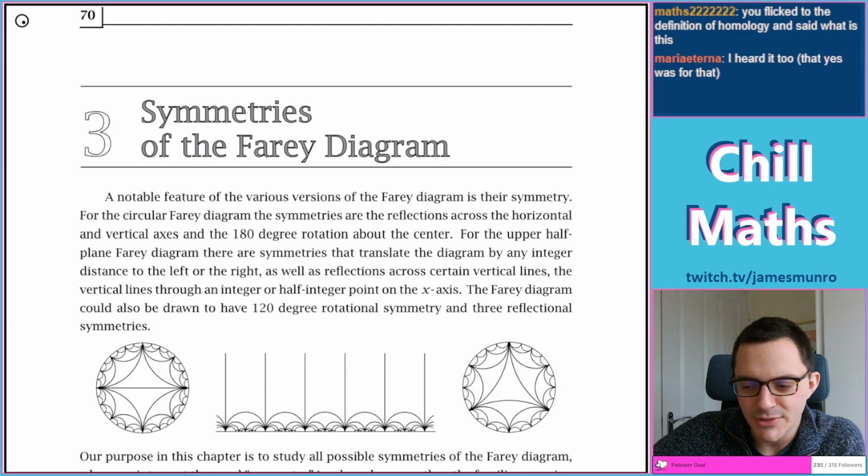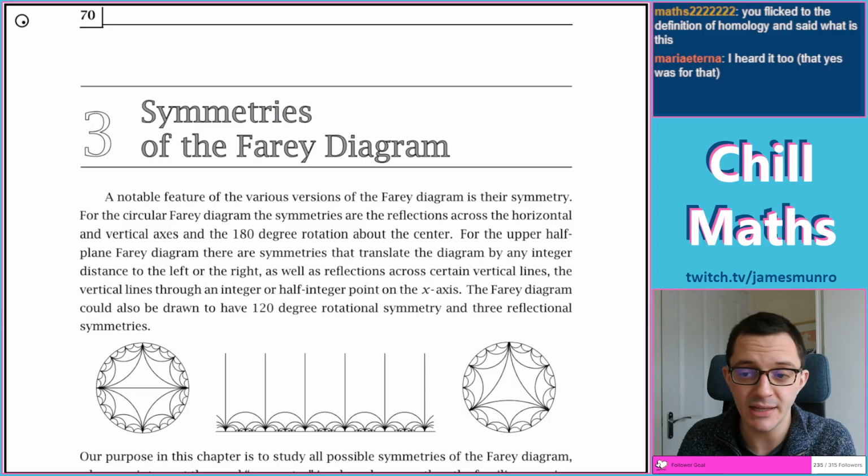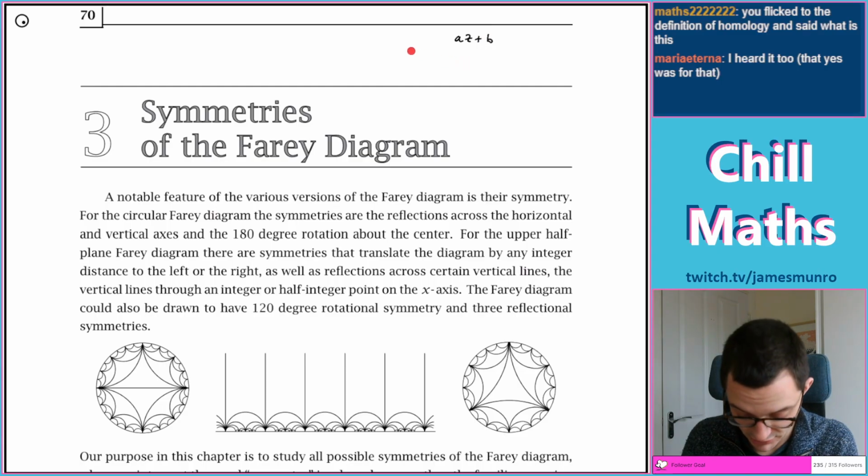I think it is time to do some symmetries of the fairy diagram. I've looked at this. There's about 18 pages of symmetries. I'm not sure what to expect, but because I can see circles, and we've talked a lot about circles and the upper half plane, that rings a bell for me. I think we're possibly going to talk about Mobius maps, which are maps of the complex plane like this.